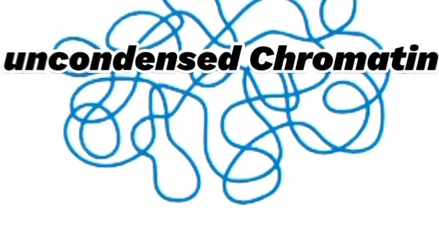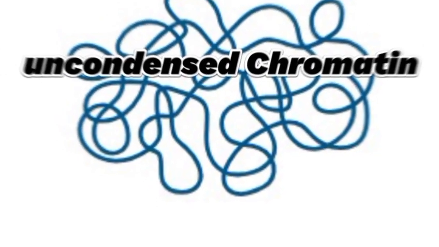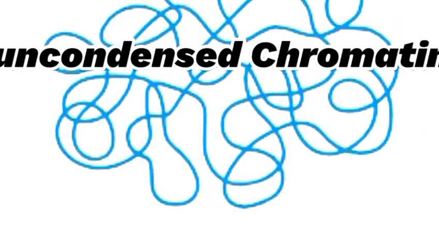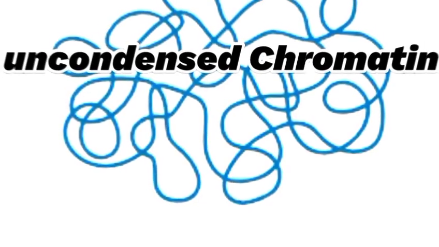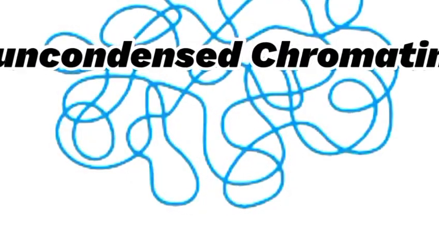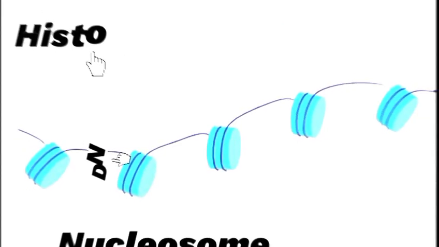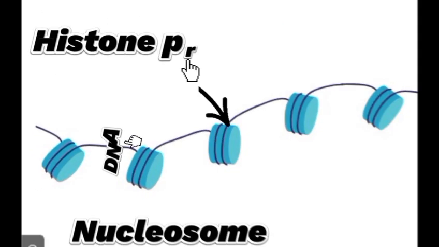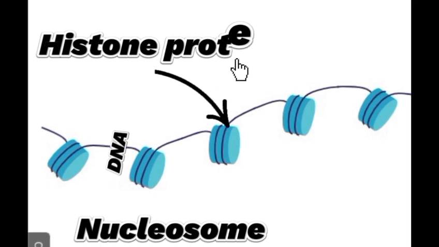Chromatin is a complex of DNA and proteins found inside the nucleus, like histone proteins. DNA wraps around histone proteins, helping the very long DNA molecule to become organized and compact.